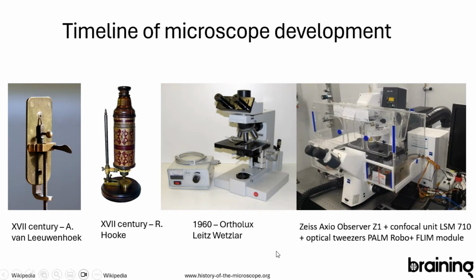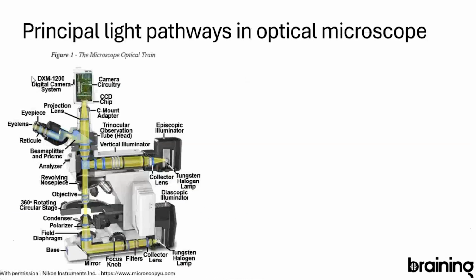So let's move further. What are the principal light pathways in an optical microscope? Usually I tell students that there are two important light pathways. The first one is responsible for the illumination of our specimen, and this is the light path which I'm showing here. We have the light source, which is usually a halogen lamp of higher power, like 100-150 watts, which emits light into this pathway. So we have collector lenses because we always want to collect as much light as we can.